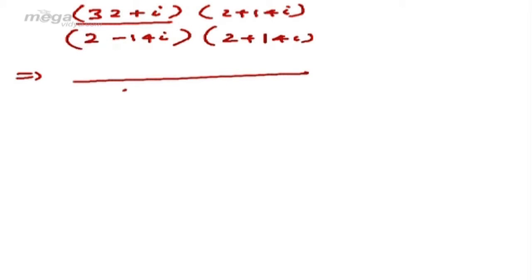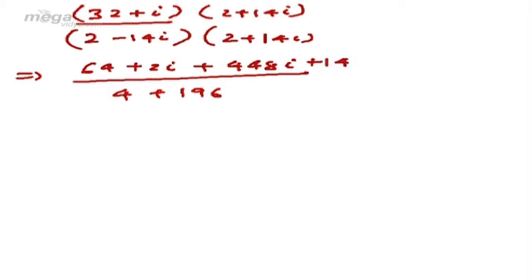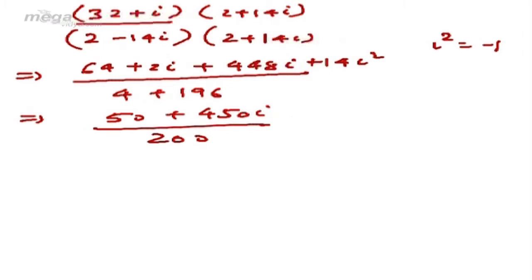In the denominator you will get 4 plus 196, and in the numerator you will get 64 plus 2i plus 14 multiplied by 32, that becomes 448i plus 14i square. I square is equal to minus 1, so the numerator will become 50 plus 450i divided by 200. It will become 1 by 4 plus 9 by 4 i.